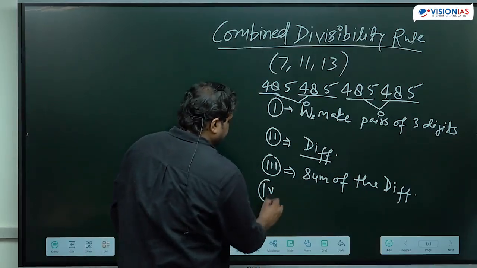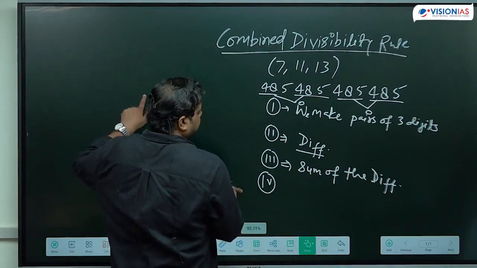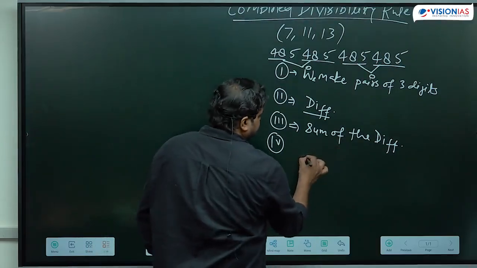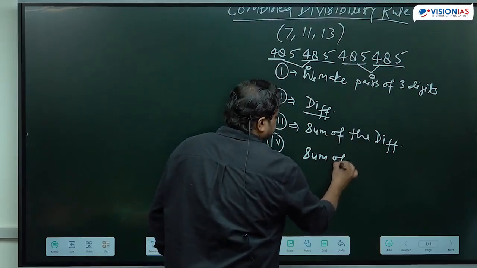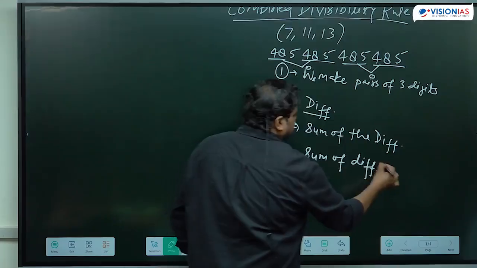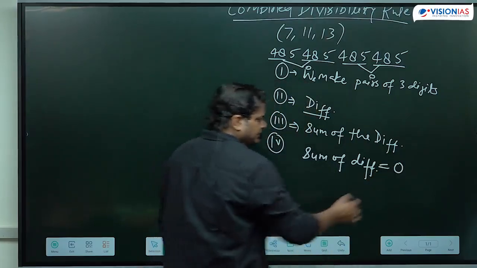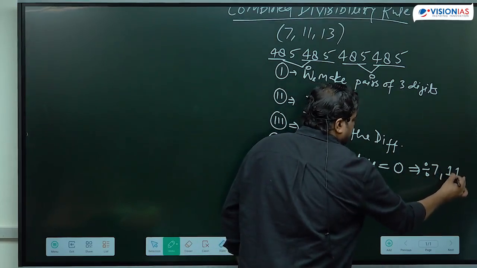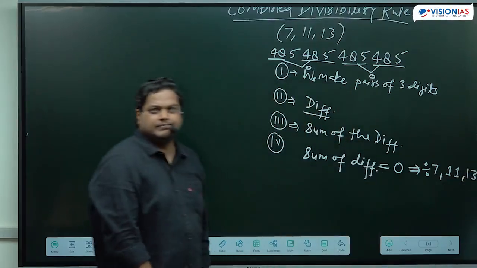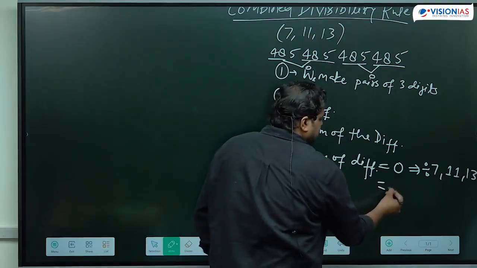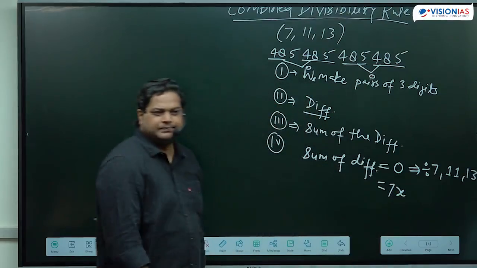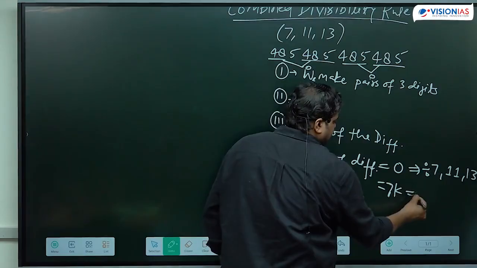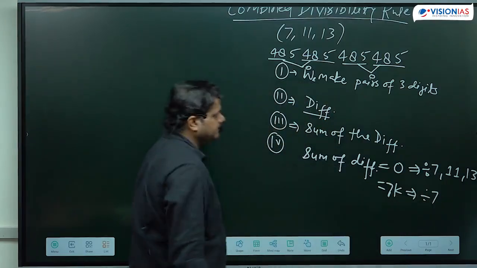Then we check this sum of differences. If it is coming 0, then we can say that the number is divisible by 7, 11 and 13. If this difference is coming a multiple of 7, or 7k I can write, then that number is divisible by 7.